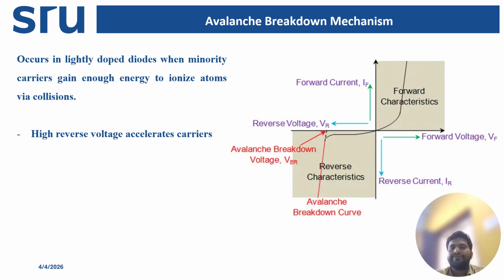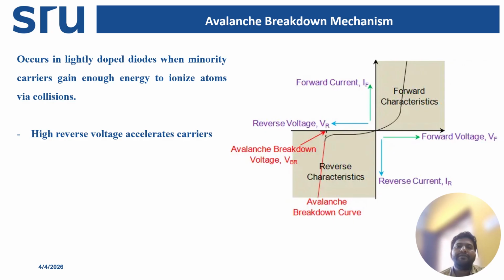Because of this multiplication of carriers, electrons and holes, the reverse current suddenly increases. This sudden large current is called avalanche breakdown. So why is it called avalanche?